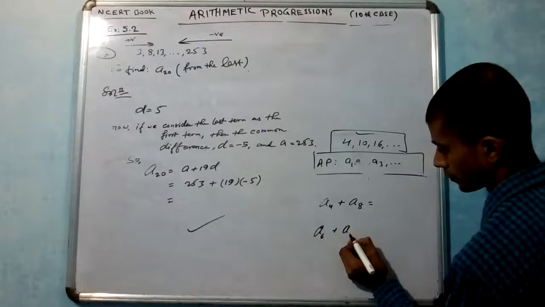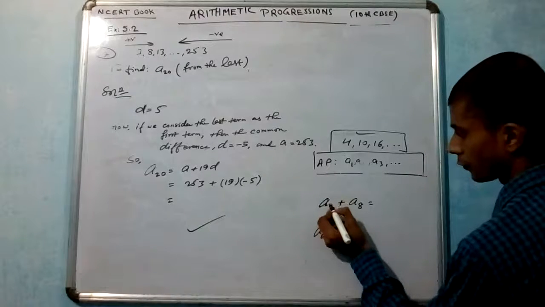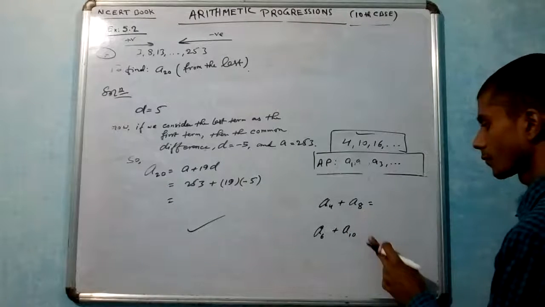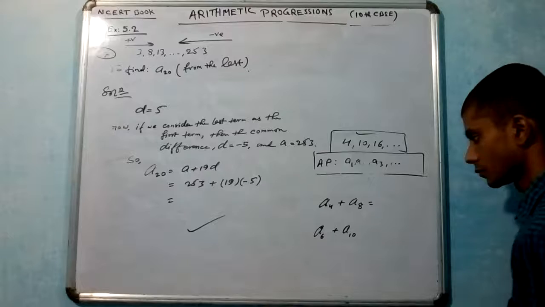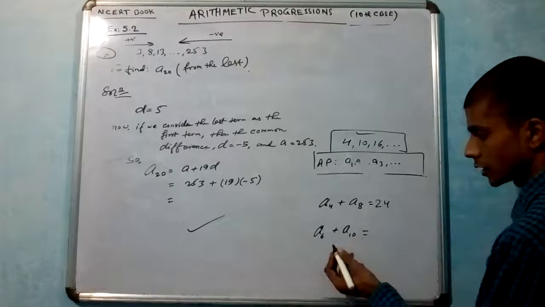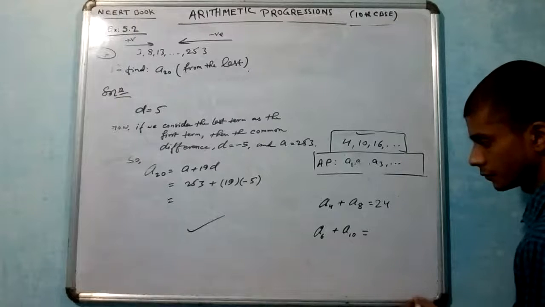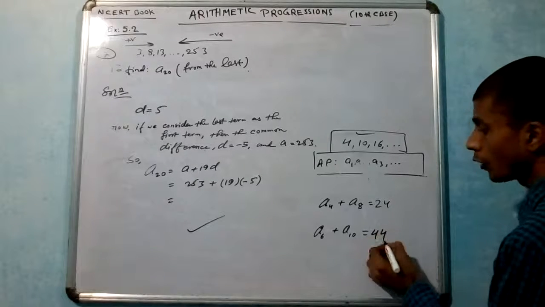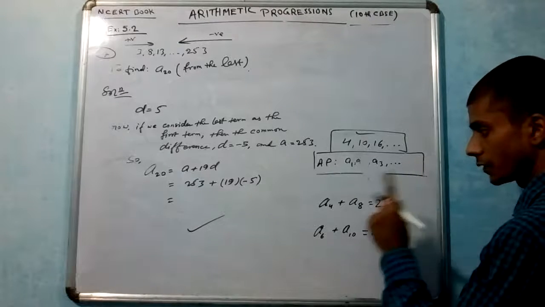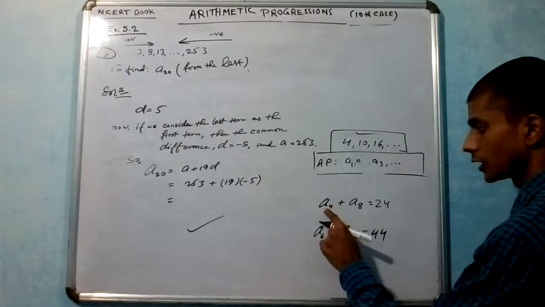What is the 18th one? This is the given data: the fourth term plus the eighth term is how much? 24. And the sixth term and the 10th term? 44. Of a single AP it is talking. If you add the fourth and the eighth term, you will get 24.